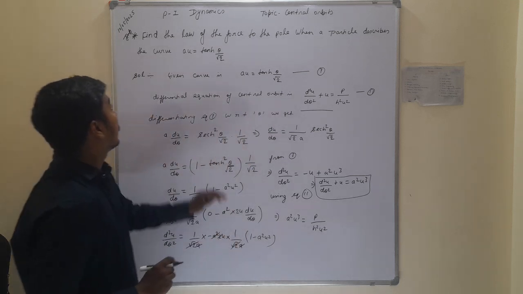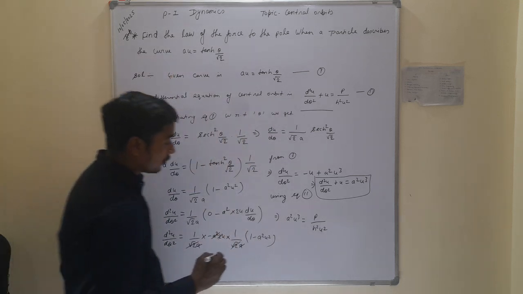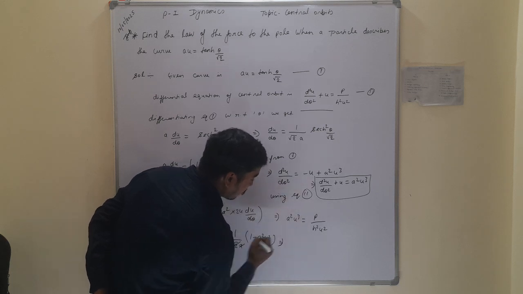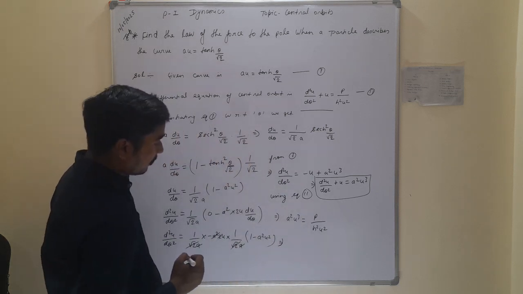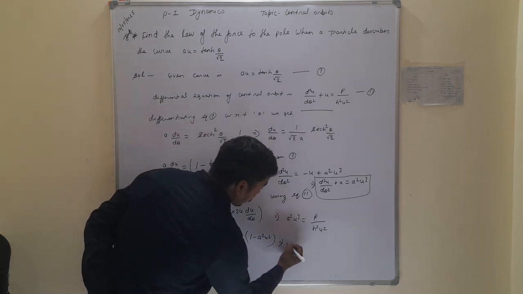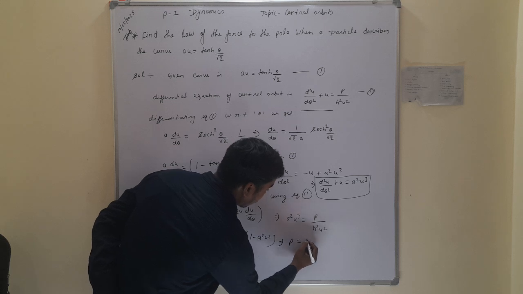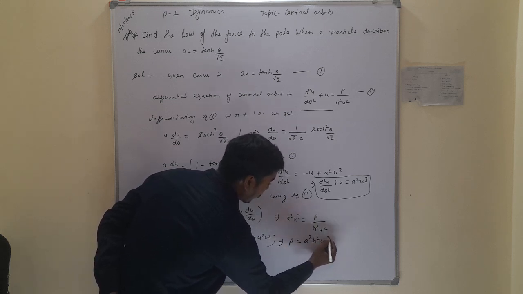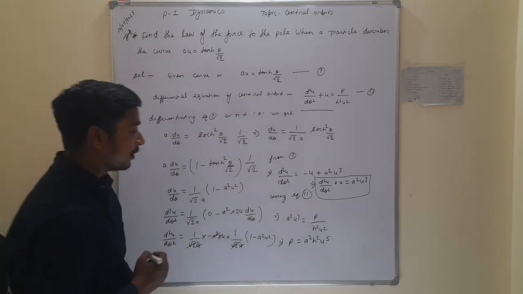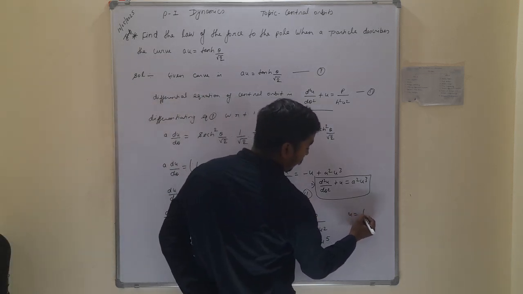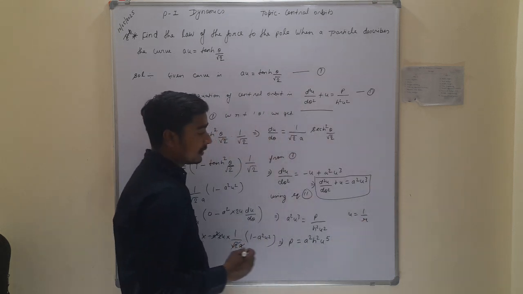And we have to find the law of force. So we write P = a²h²u⁵. Here u = 1/r, as we know in the central orbit.